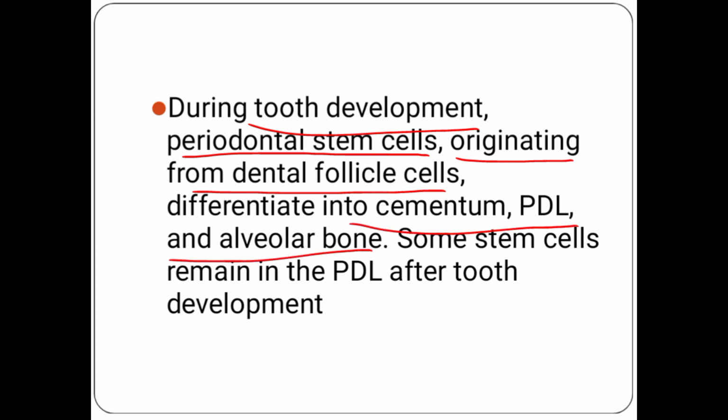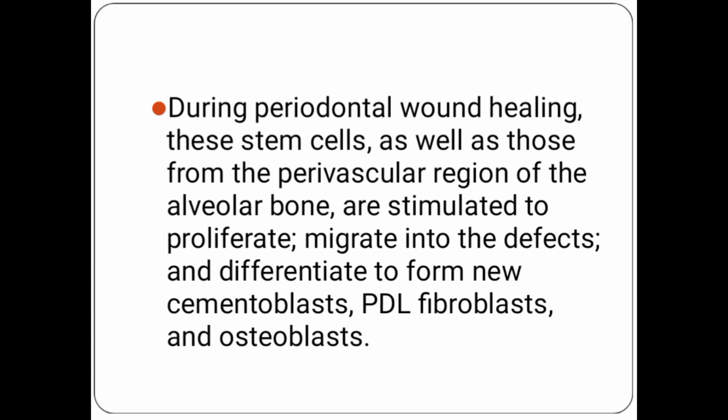Sometimes stem cells actually remain in the period of tooth development. So, during development, these periodontal stem cells originate from the dental follicles and differentiate into cementum, periodontal ligament, and alveolar bone.